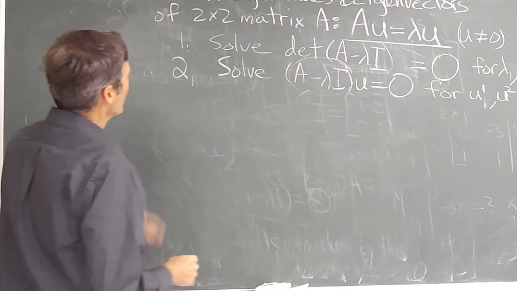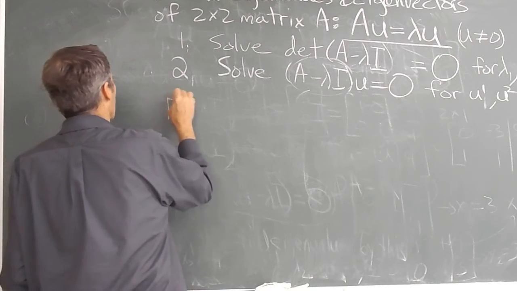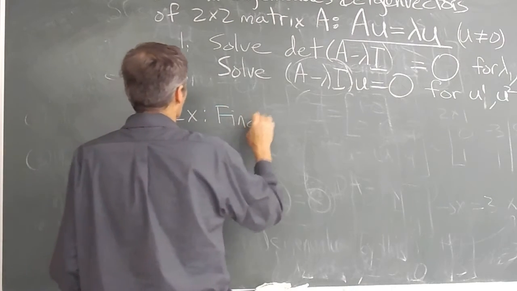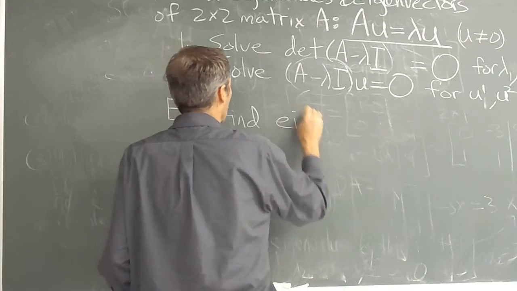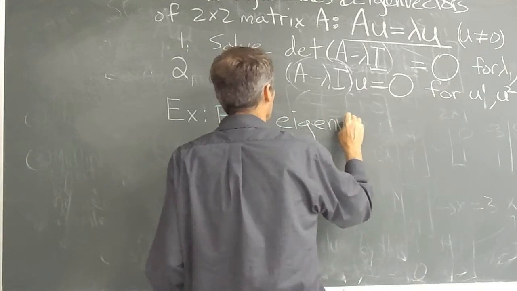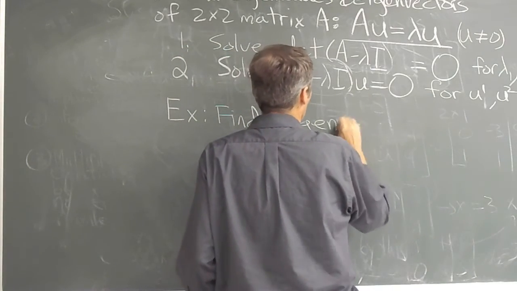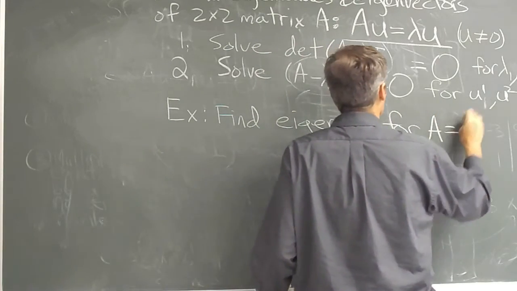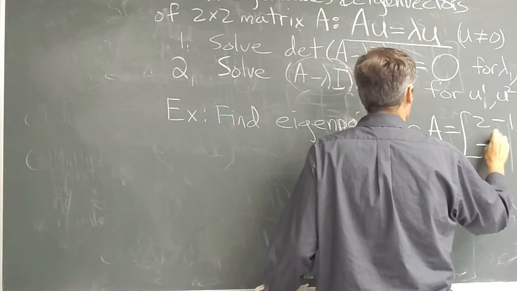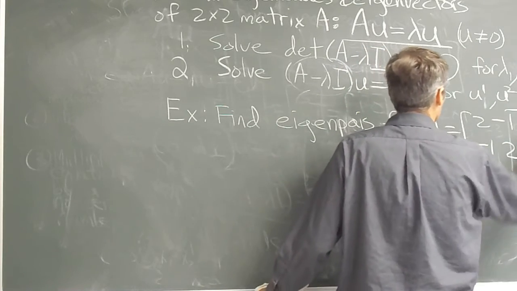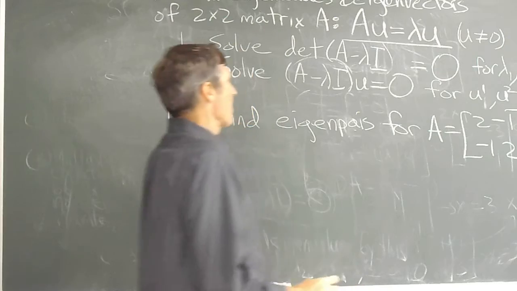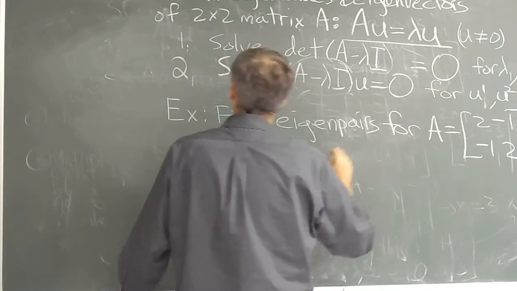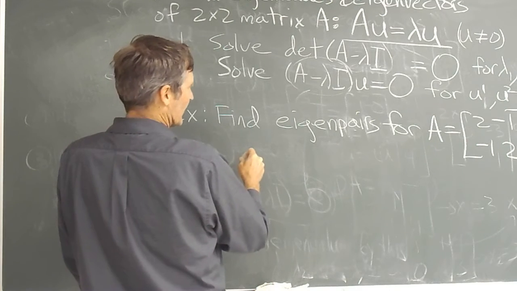Alright, so let's try that for our example we had before. Find all of the eigenpairs, eigenvalue with eigenvector, 2 of them, for the matrix A equals 2, minus 1, minus 1, 2 that we had earlier. How can we find those?